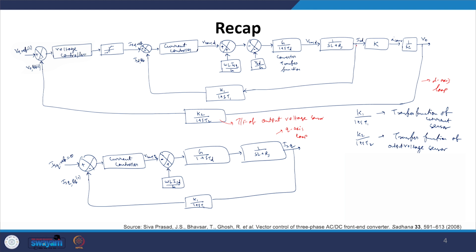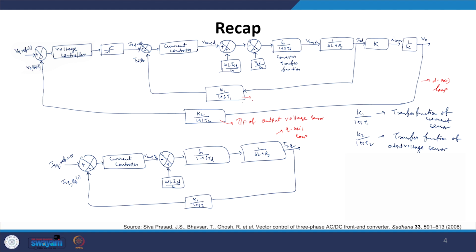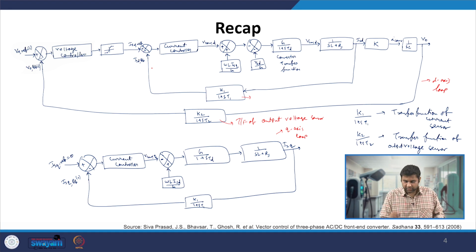Similarly for the ISD, we are feeding it back into the loop, so we are sending it through the current sensor. In that current sensor we are just taking the gain to convert the actual current into the value of the current which is being fed into the microcontroller, and this is nothing but the transfer function of the current sensor.